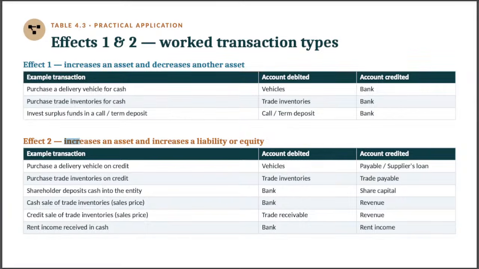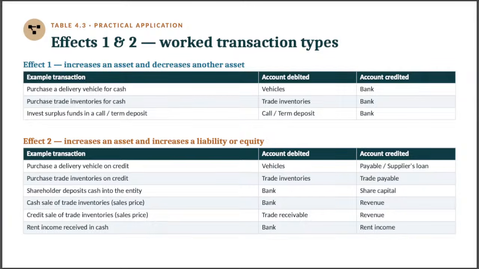Next is effect 2. It increases an asset and increases a liability or equity. So let's look at some of these here. Here's an example transaction. This time we purchased a delivery vehicle on credit. So the account debited, again, is the vehicle account. It increases.